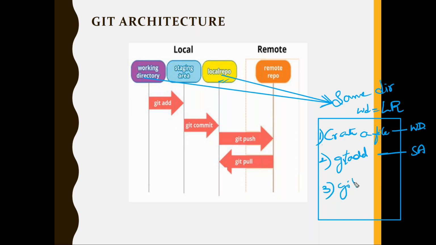Then if you use the commit command, it is said to be in the local repository. Basically, it's in the same folder, but the status it has makes the difference, whether it is in the working directory, staging area, or local repository. Working directory and local repository are one and the same, but logically they are different depending on the status of the files.